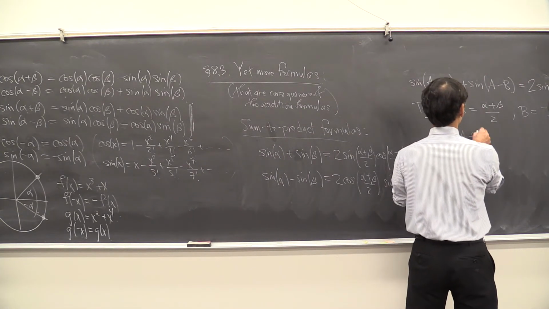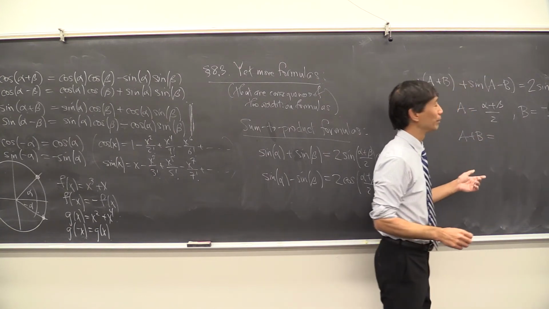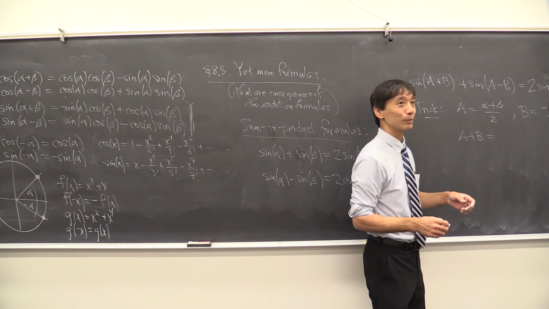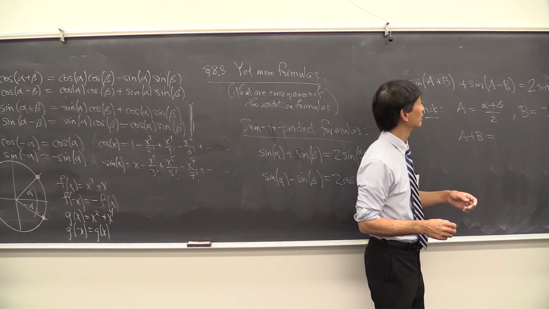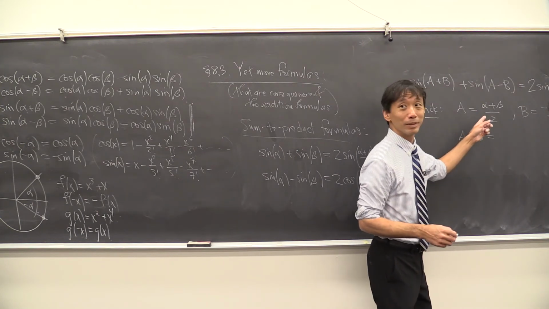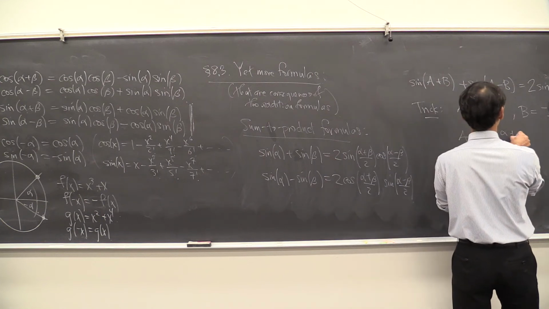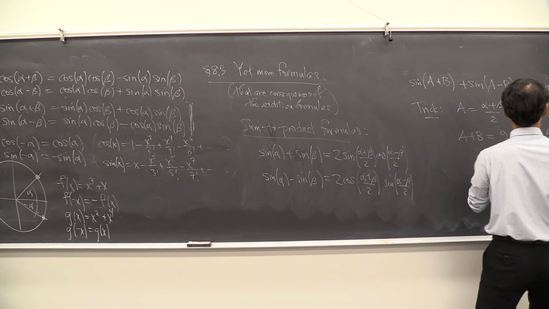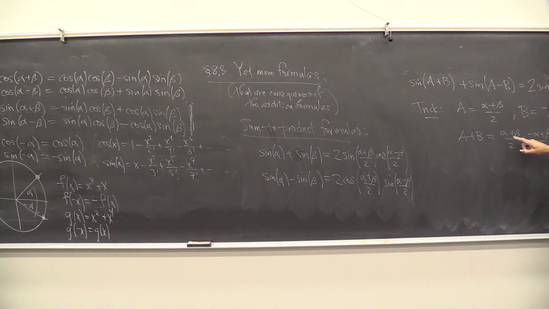Well, then, what's A plus B? You get alpha plus beta over 2 plus negative alpha plus beta over 2. So the alphas are going to cancel out, and then you get 2 beta over 2, so that's beta.